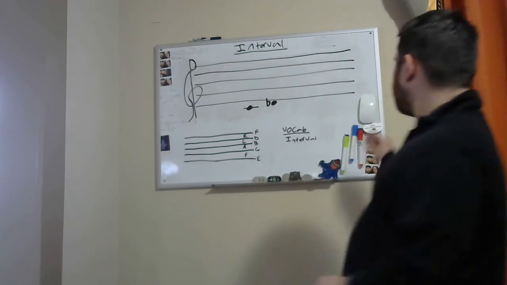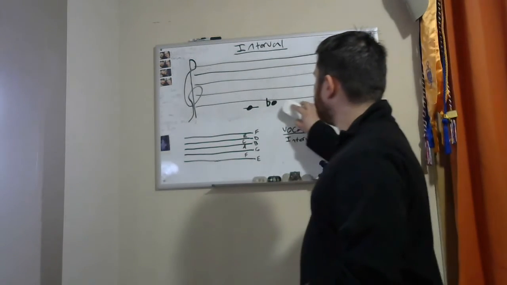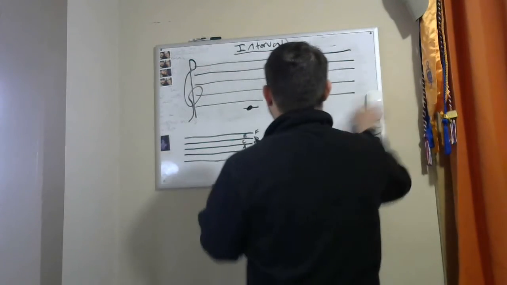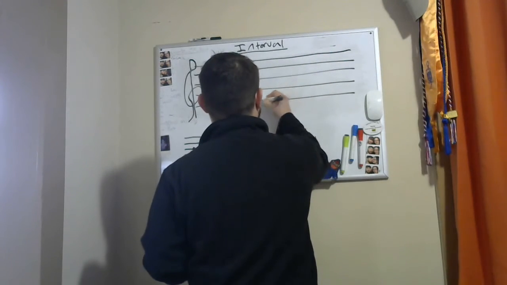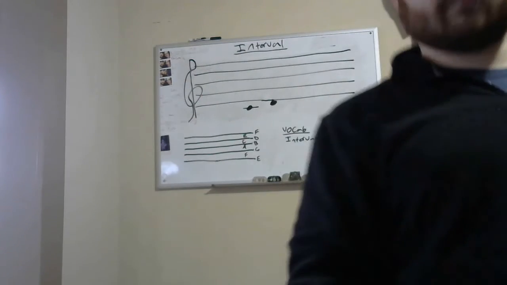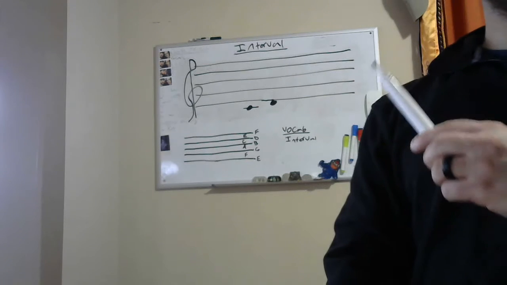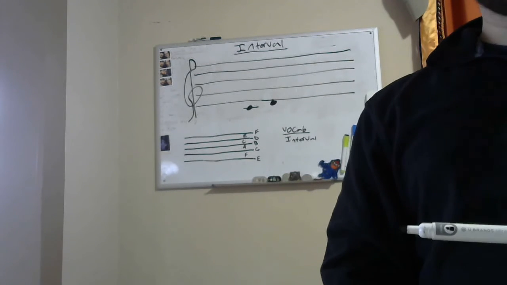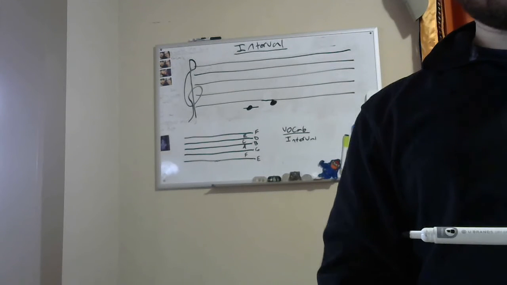All right, now let's go to our next one. Let's erase the flat. And now we're just focusing on C to D. It looks like this on the board. Here's how it sounds. Lower register.